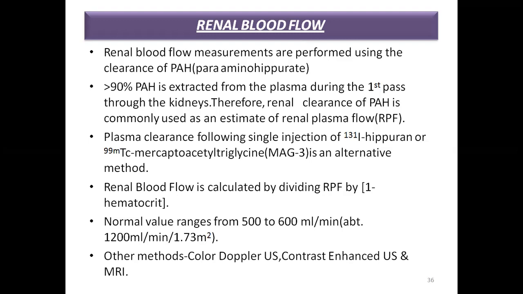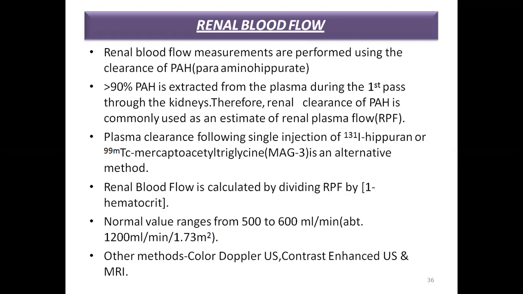Plasma concentration clearance following a single injection of 131 I-hippuran or 99mTc-mercaptoacetyltriglycine is an alternative method. So these are certain chemicals used for this testing. But the one we need to remember is PAH, that is para-aminohippurate.